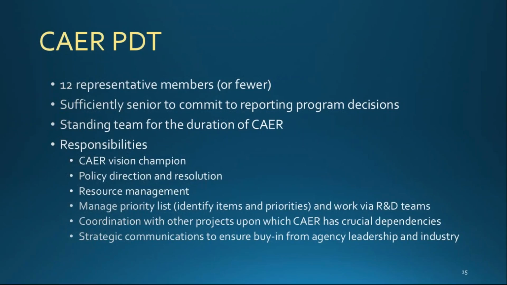When we look here at the responsibilities, where I really would like to focus is under that first bullet under responsibilities and the word champion, because truly the product design team are the champions for CARE. They're going to be the ones providing the direction to get to that future state.